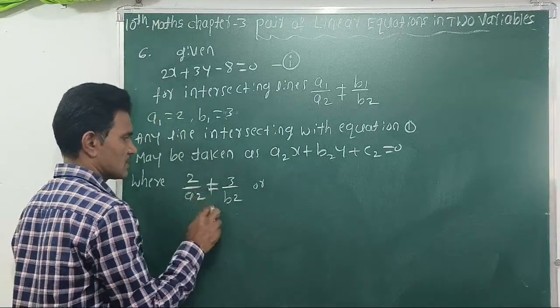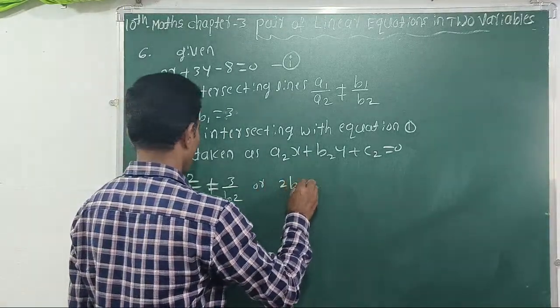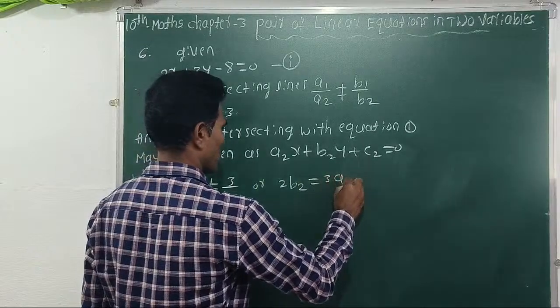After cross multiplication we get 2b2 is equal to 3a2.